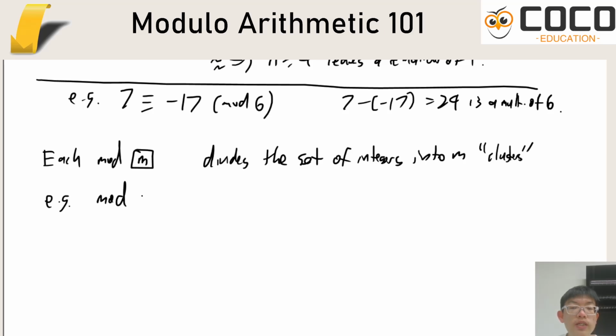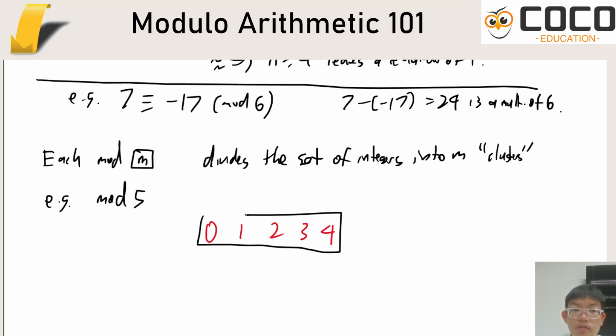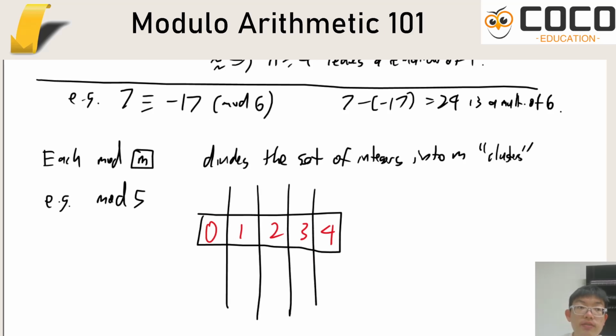So if I'm working in the world of mod 5, that means I'm saying that 1, 2, 3, 4 and 0 are the 5 remainders you can get when divided by 5. They are also kind of like the representatives for 5 different categories of numbers, which one could really boringly write out as such.